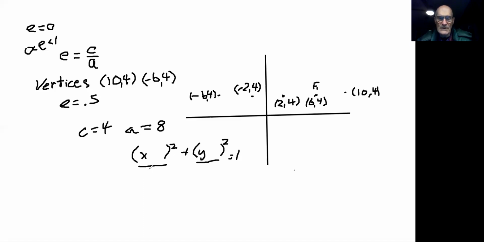So I square 8, and this right here is going to be 64. The difference between these two numbers is c squared. So if I square 4, I get 16, which means this right here would be 48, which is my minor axis. And then, of course, my center is at 2 and 4, so that would be a minus 2 here, and a minus 4 here.